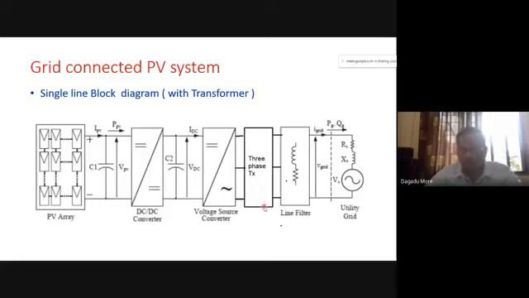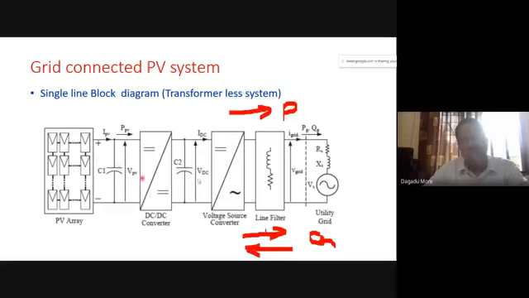A transformer is bulky, and losses are associated with it. A transformer may have an efficiency of maybe 95%, but the overall efficiency of the system may reduce by 1 to 2%. So that is not required. Our interest is to have a grid connected PV system without a transformer. That is our intention.